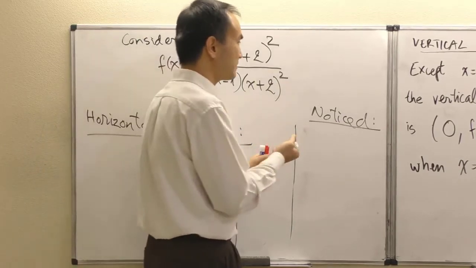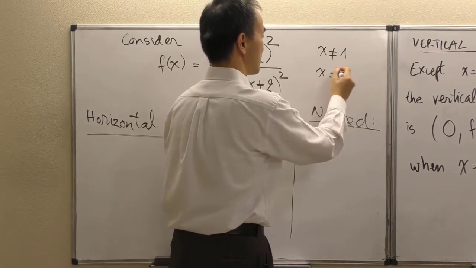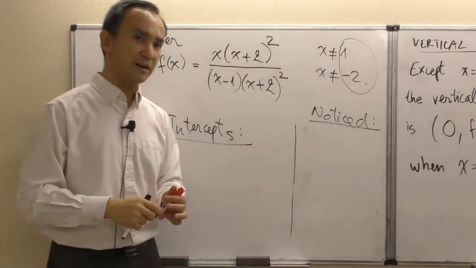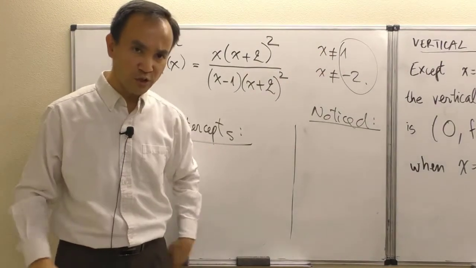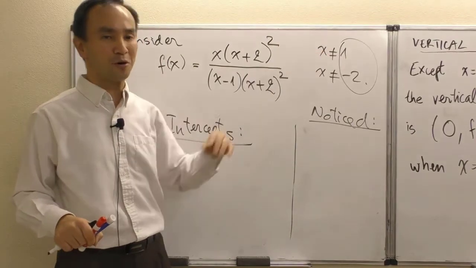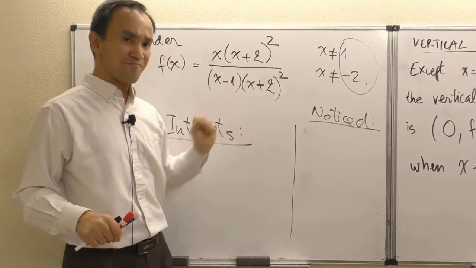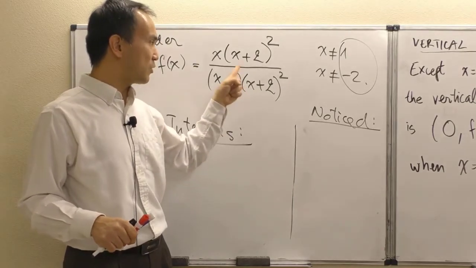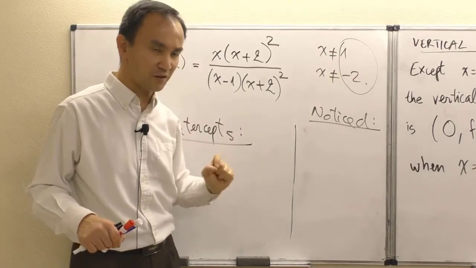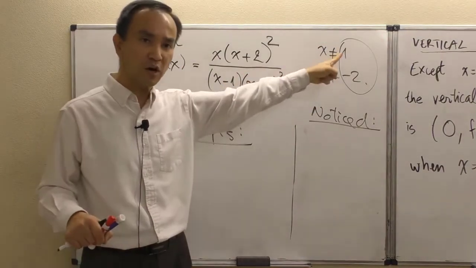So we need to always ensure x is other than 1 and x is other than -2, because these two values are the zeros of our denominator. That's just a quick bit of scratch work, because I don't want to get too far back into formally listing the zeros of the denominator. That's the reason we have a hole on the graph at x equals -2, and a vertical asymptote at x equals 1.